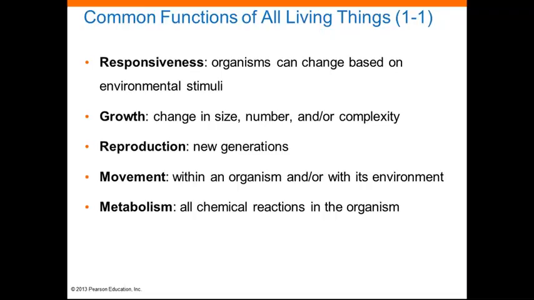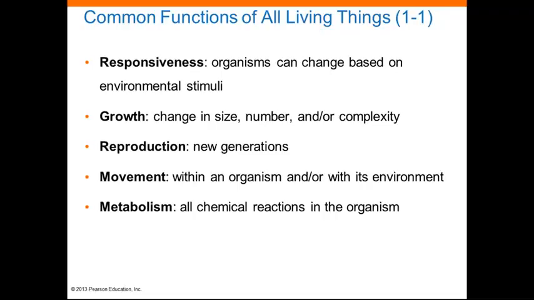Reproduction. All living things have some form of reproduction to create a new generation of similar organisms. Most living things have some capacity of movement or the ability to transport things within the internal environment of the organism, if not the ability to transport the organism itself through the external environment.